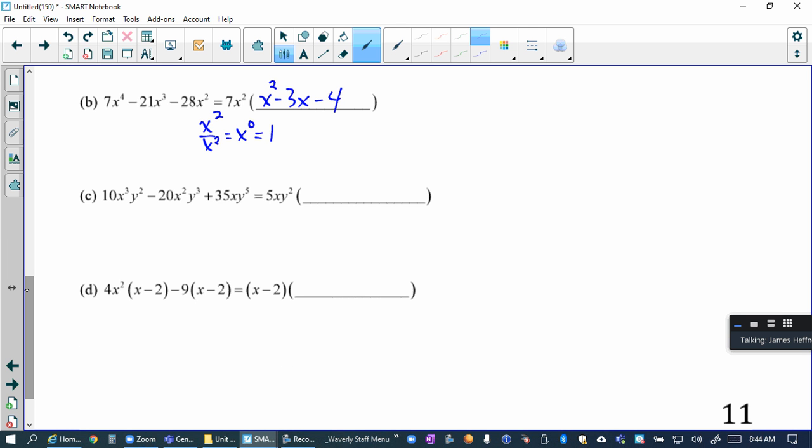So we got that big mess, and we're going to factor out a 5xy squared. What will that leave us with? Let's divide that first term by 5xy squared.